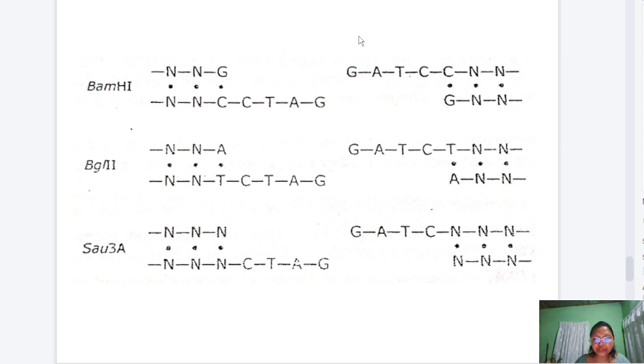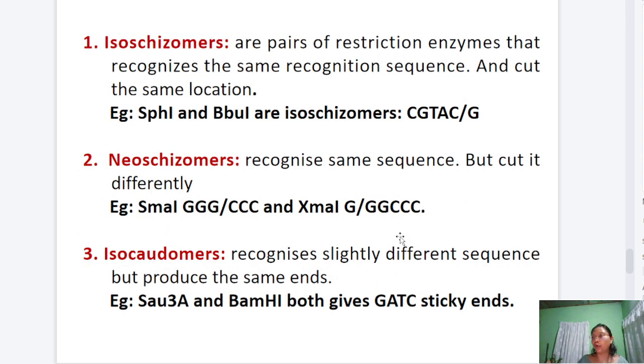These isocaudomers have the same overhang. So sometimes when I cut DNA1 with BamHI and DNA2 with Sau3AI, there is a high chance that they are going to ligate. Why? Because these overhangs will be complementary, even if they were cut by BamHI or Sau3AI. So such enzymes are also known as isocaudomers.